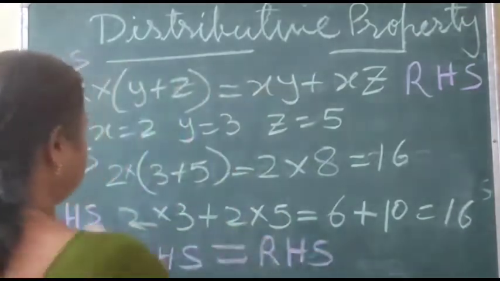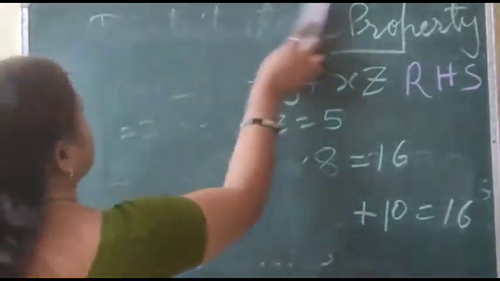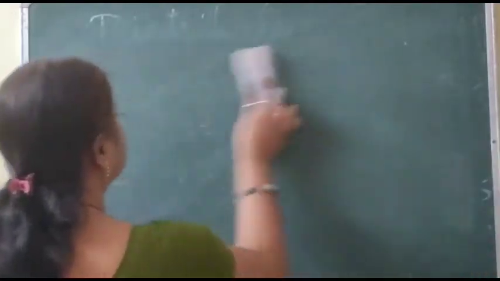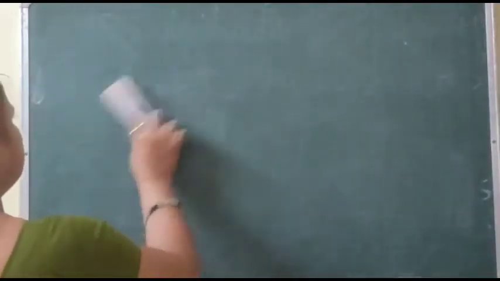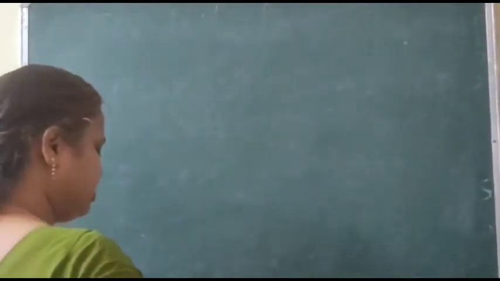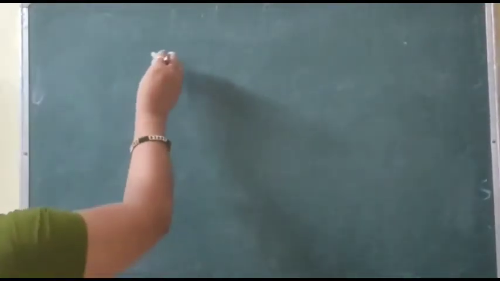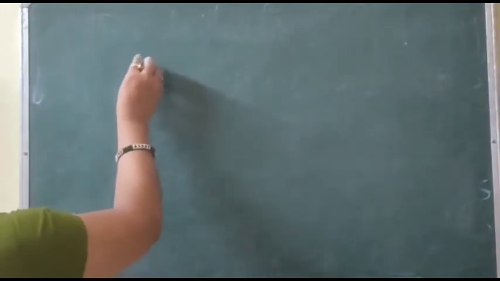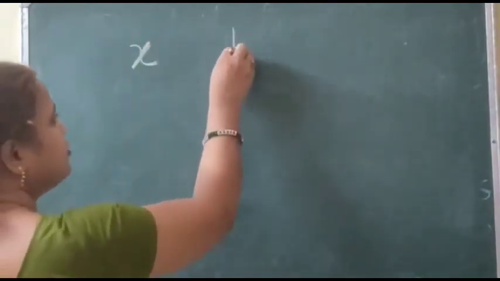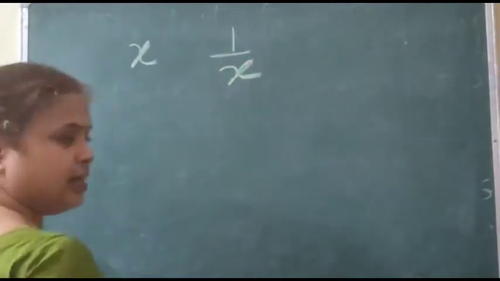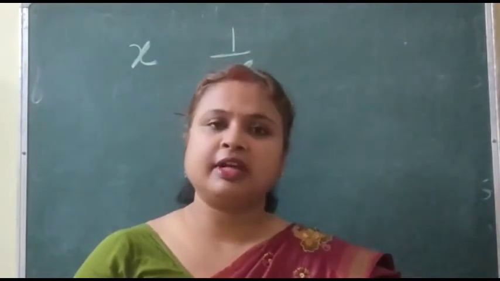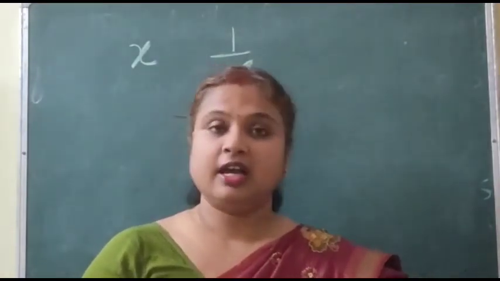Now next is the multiplicative inverse. You know that when we multiply 0 with any number, the answer is 0. According to the multiplicative inverse, if x is a whole number, then its multiplicative inverse will be 1 by x.